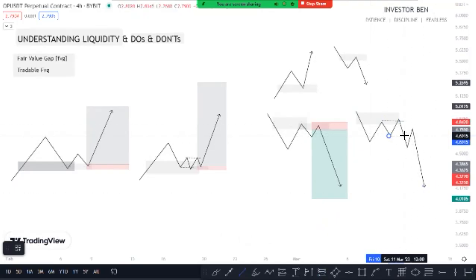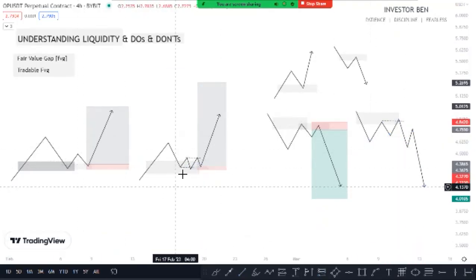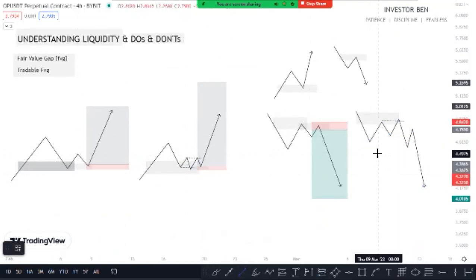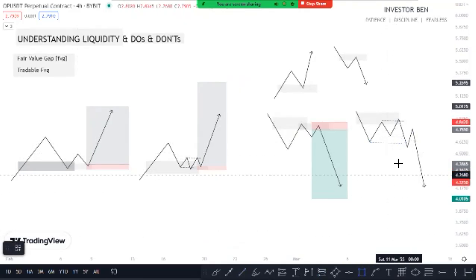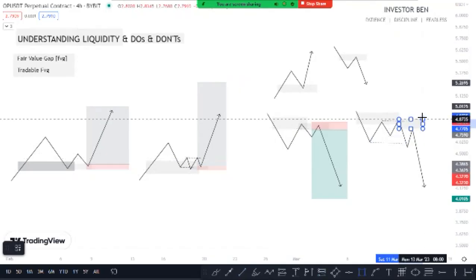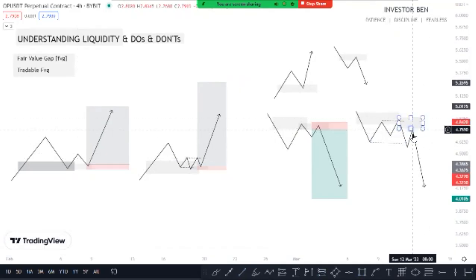So here we have a complete opposite structure of the buy, right? And I made this one to break the low because selling using FVGs is very, very risky compared to buying, right? You can get a better buy setup than sells. Sells are much riskier than buys.